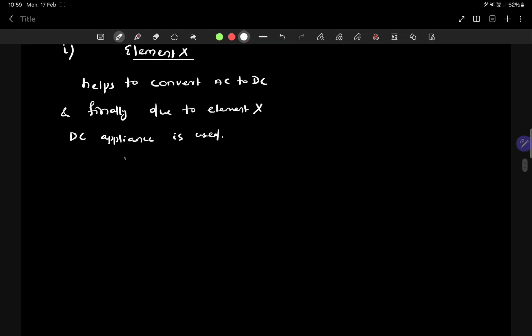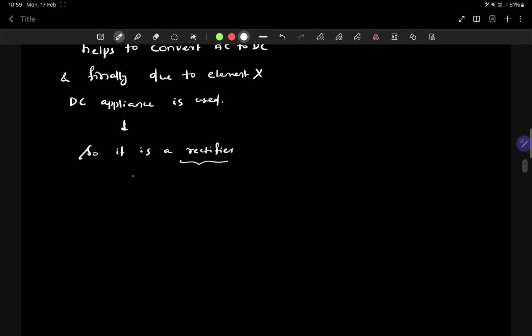Okay, so it is a rectifier. And which type of rectifier? This is your full wave rectifier.